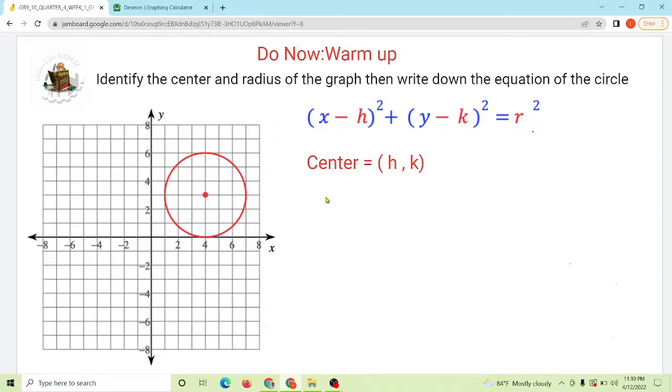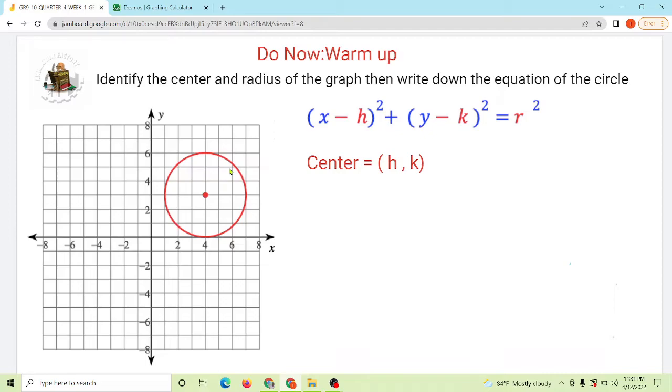Now, the question is, identify the center and radius of the graph, then write down the equation of the circle. Right, so how do we do that? So you can see here we have a circle and we need to identify the center and also the radius. So how do we do that?